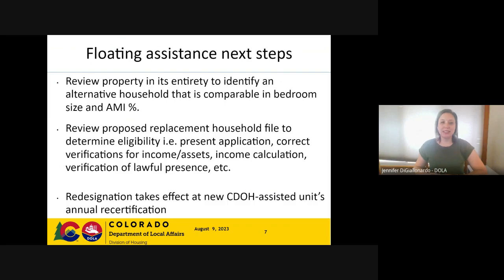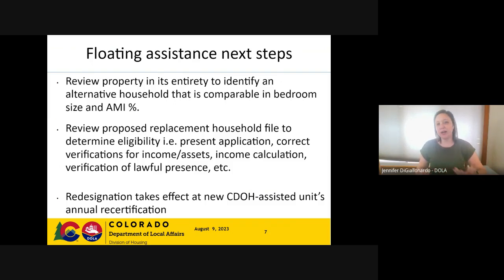Now, floating assistance next steps. You're going to review the property portfolio in its entirety and identify an alternate household that is comparable in both bedroom size and AMI percent. And I'll dig into more what that means in a moment. Again, you're going to review the proposed replacement household file so you can determine the eligibility.